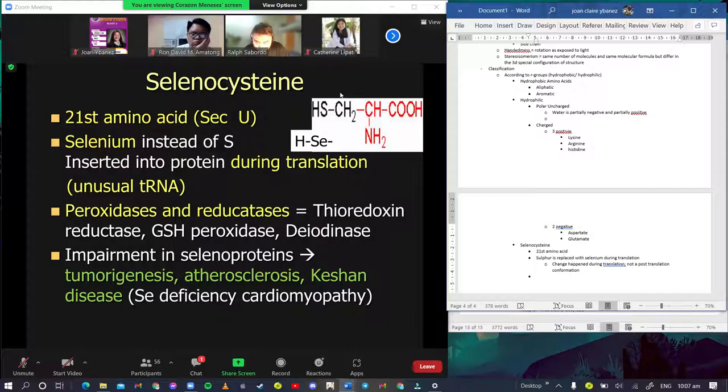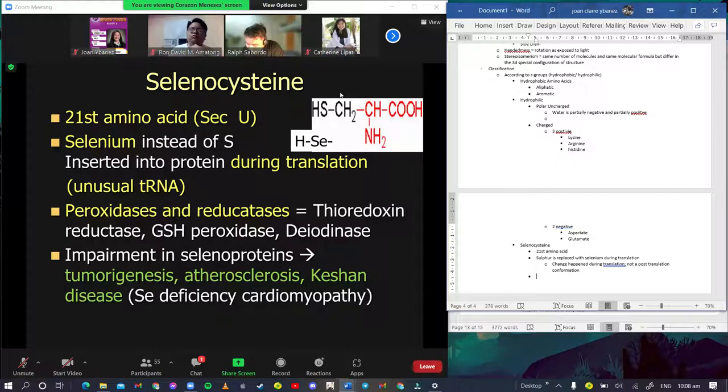I want you to remember this because this is part of the knowledge that you have to remember when we move on to nucleotide metabolism. Glutathione peroxidase is important when we talk about the hemoglobin structure. And the iodinase is important when we talk about the synthesis of T3 and T4 in the thyroid glands.